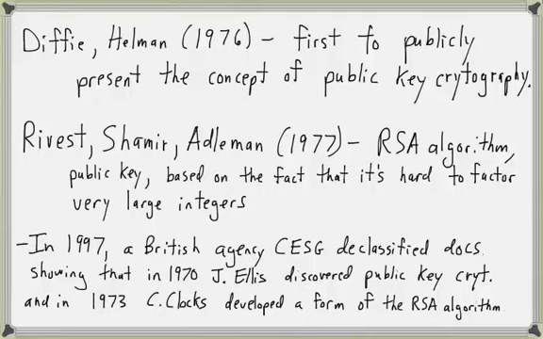Now let's see how the RSA algorithm works. Again, assume that Alice is trying to send Bob a secure message.